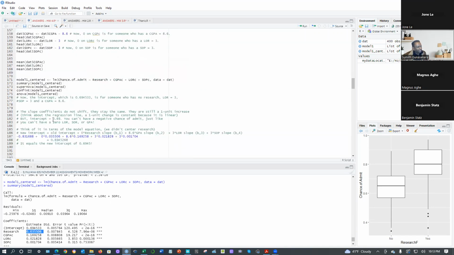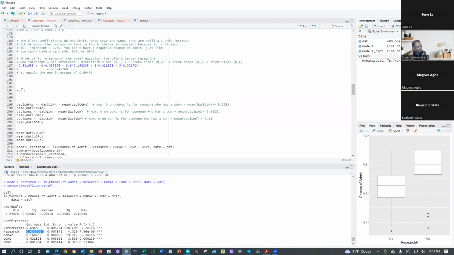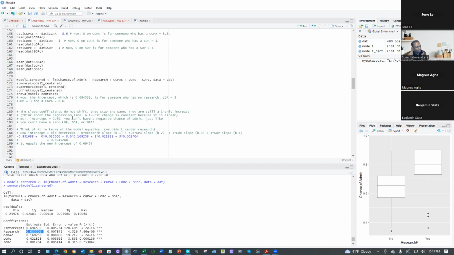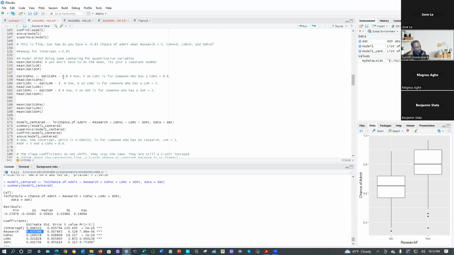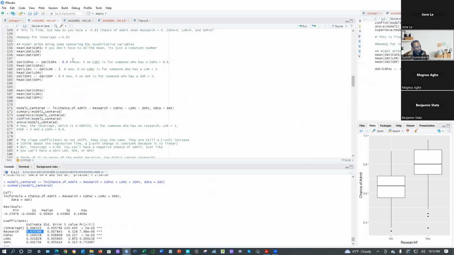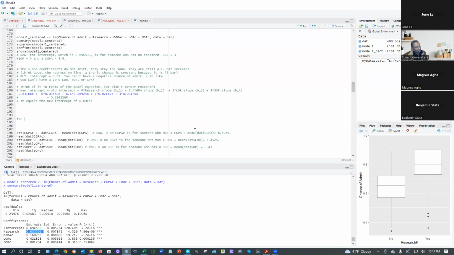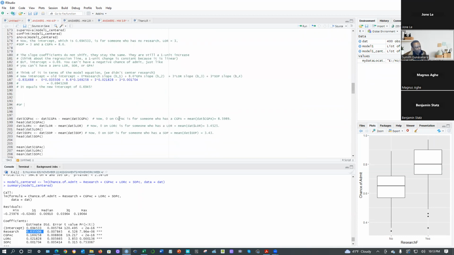Can I subtract my own mean from that rather than just say 8.6? Yes. Simply, rather than 8.6, I'm gonna go with something that makes more sense. I'm gonna subtract the mean of that variable, and you're gonna start measuring everything with respect to the mean.